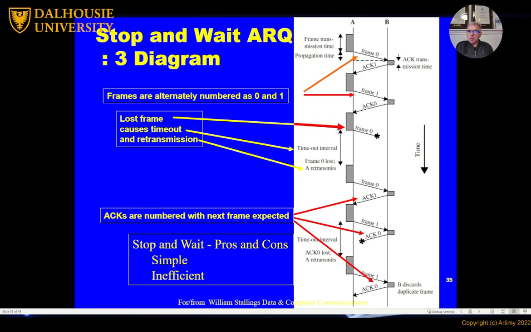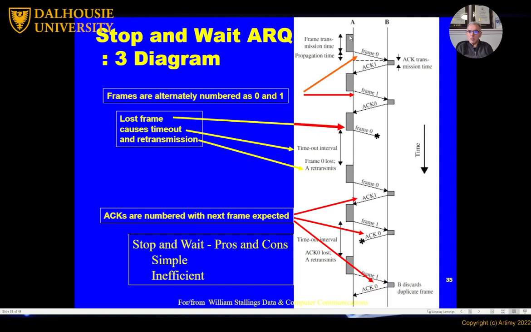So let's see some other diagrams that represent different situations here. This dashed region shows the time to send one frame, right?